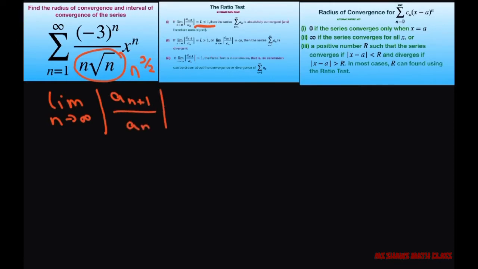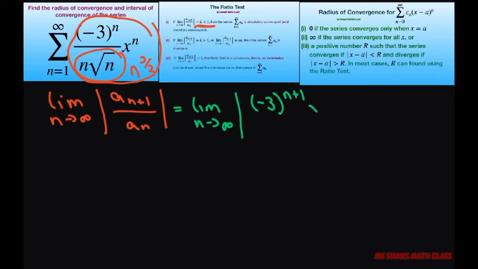All right, and this is going to be your a sub n. So let's fill this out so we can get used to what we have. Absolute value of negative 3 to the power of n plus 1 times x to the power of n plus 1, divided by, and again we're calling this n to the 3/2, so this is going to be n plus 1 to the power of 3/2.